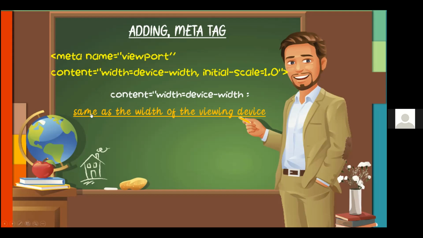So in short, it makes the width the same as the width of the viewing device. Next, the initial scale 1.0 tells the web page that the zooming factor of the website is 1.